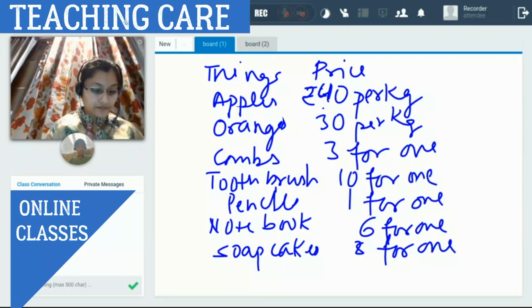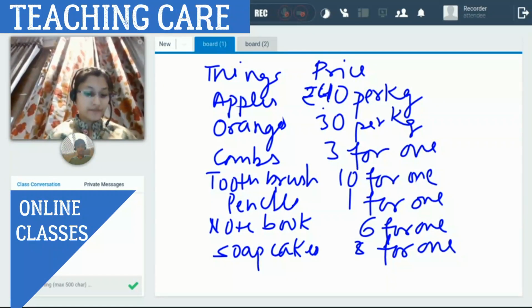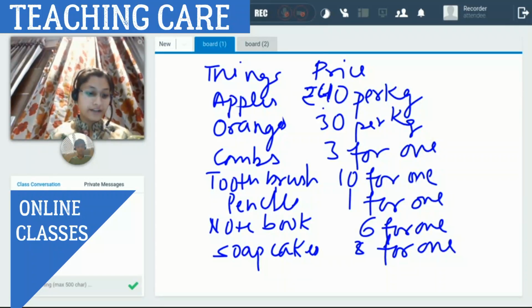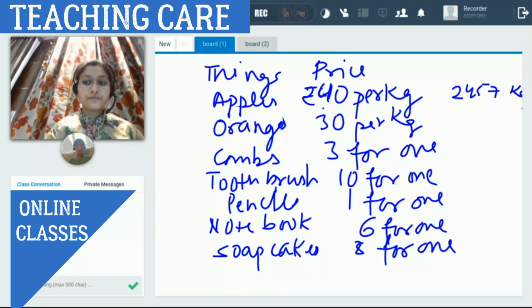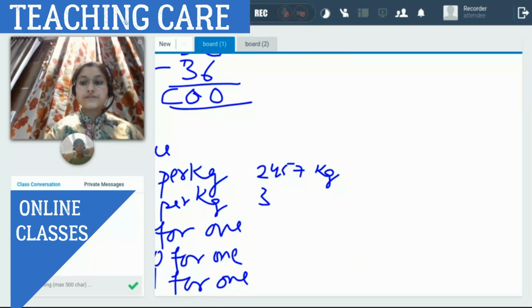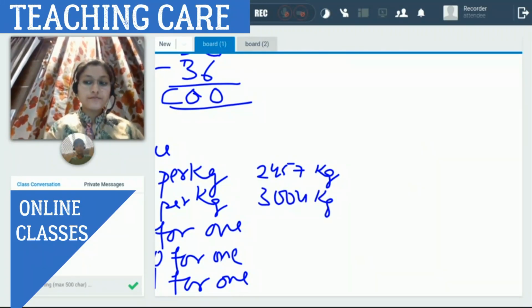Now the next column I am making is of sales. Sales during the last year means how much quantity of these items has been sold in the last year. We are not going to add them. This is the data given to us. Like apples sold last year were 2457 kgs. Oranges 3004 kg.